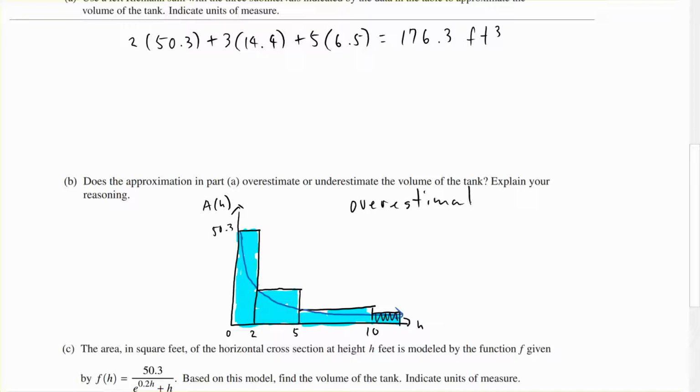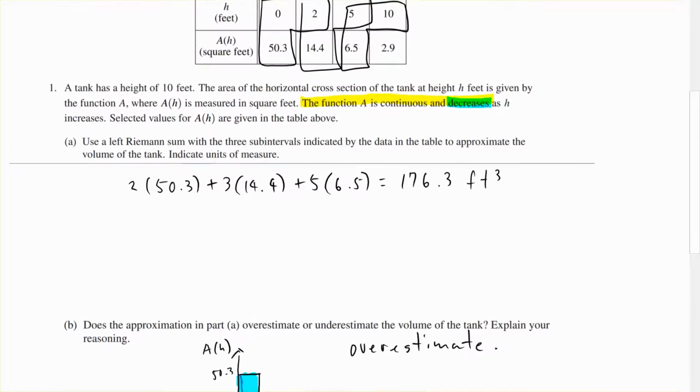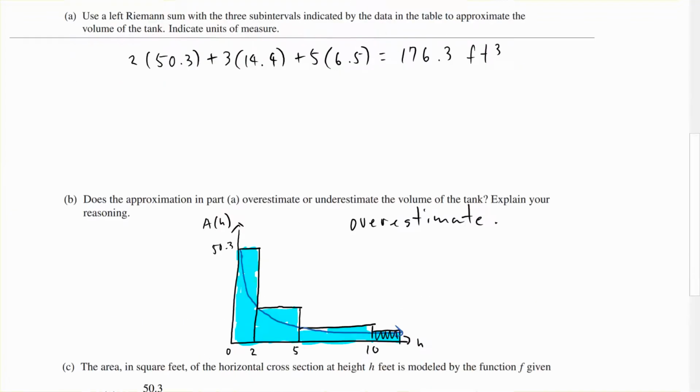The other component to this question is give your reasoning, and that's when I'm going to come back to the question itself and the explanation of the question, and I've highlighted here that it says decreases.